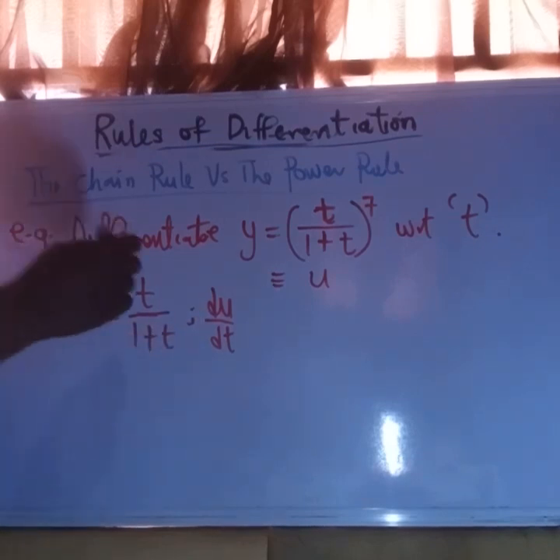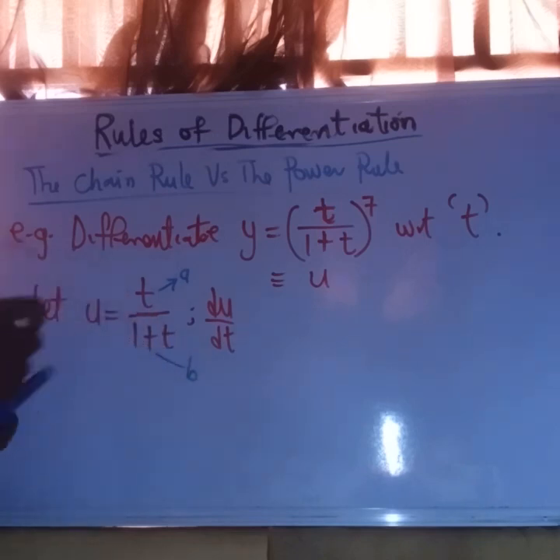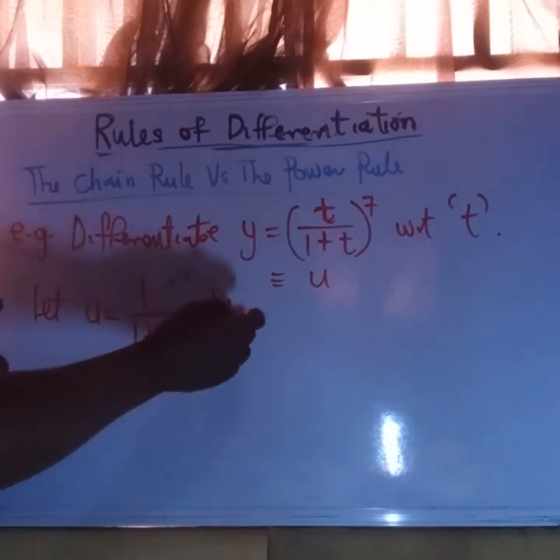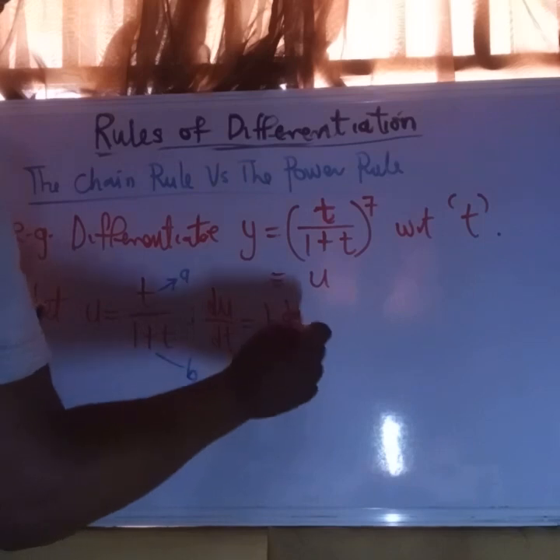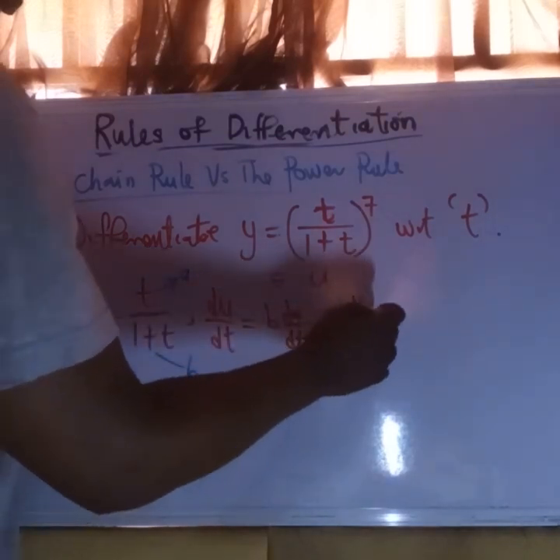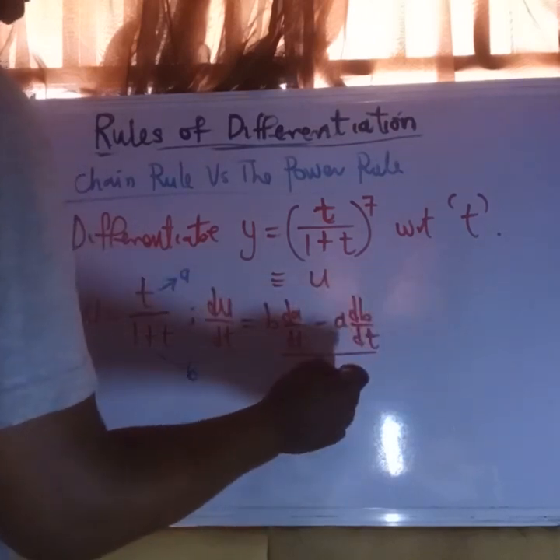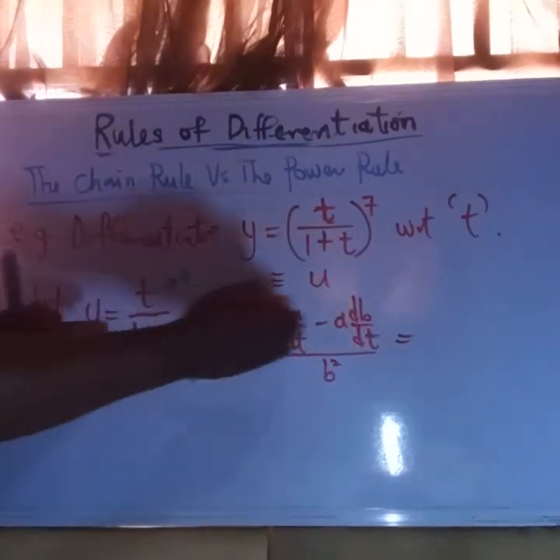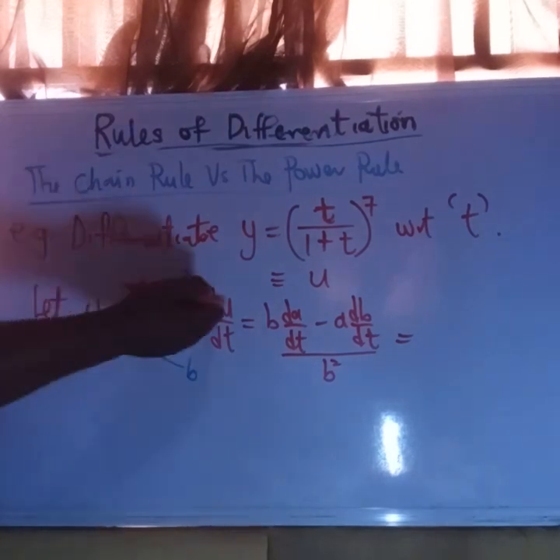If this numerator is a and this denominator is b, the formula for the derivative of u with respect to t will be b da/dt minus a db/dt, over b squared. Substituting all this into the formula, we'll be able to get the derivative of u with respect to t.